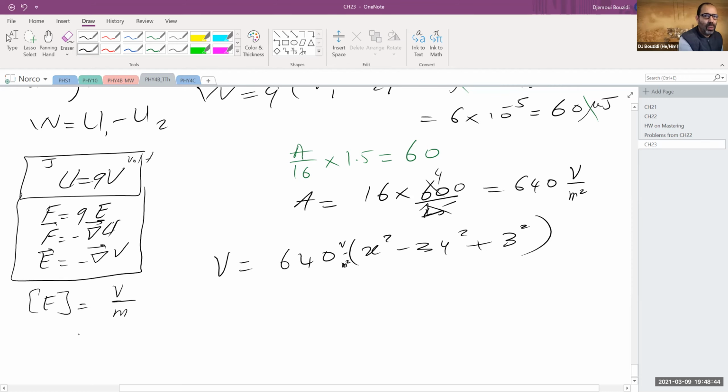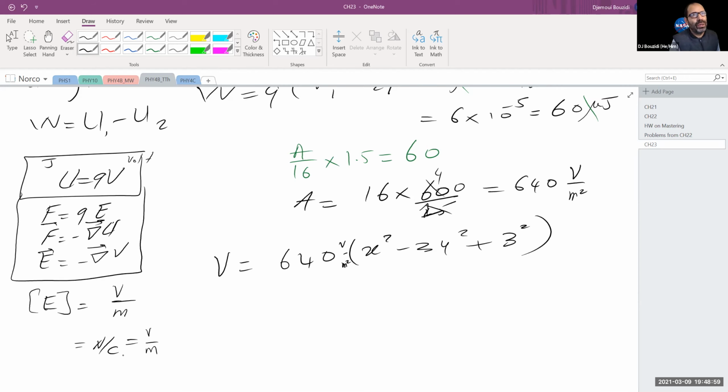From now on, we are not going to be using Newton over Coulomb for the unit of the electric field, E, but rather volt over meter, which are the same units, but it's more common to use volt over meter. So from this point on, forget about Newton over Coulomb for the electric field, and use volt over meter.